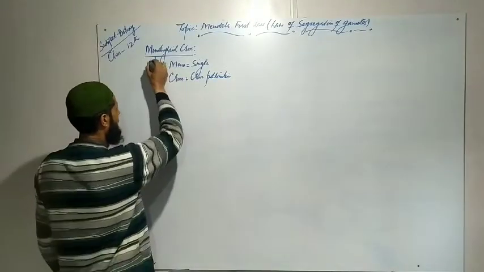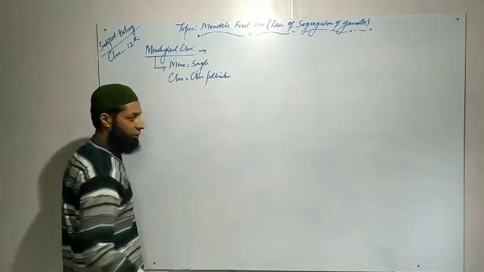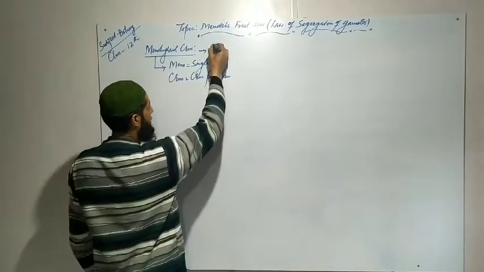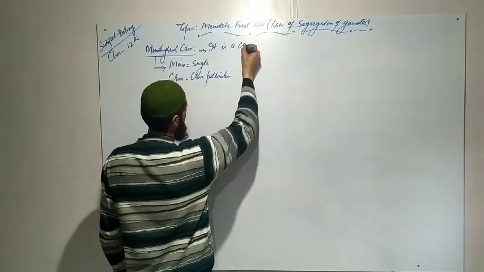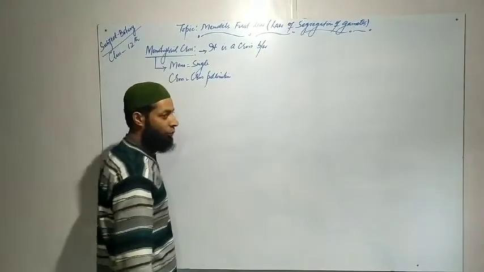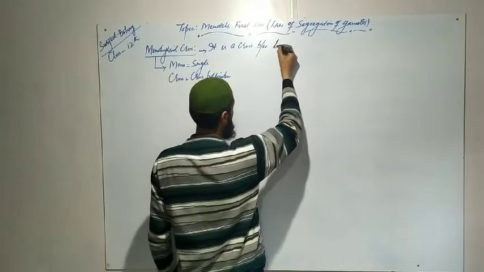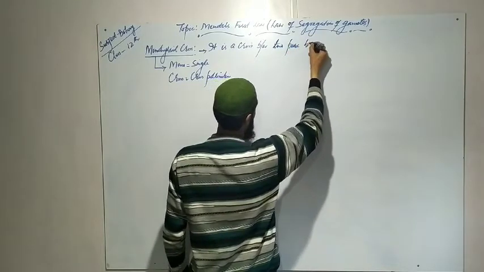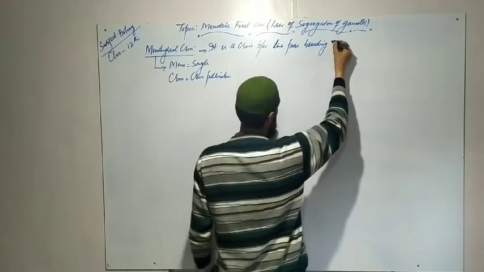That means a monohybrid cross is a cross between two pure breeding parents.